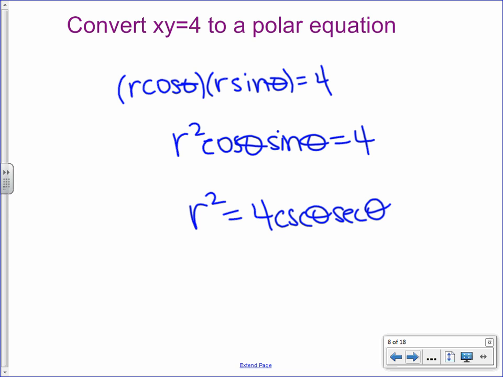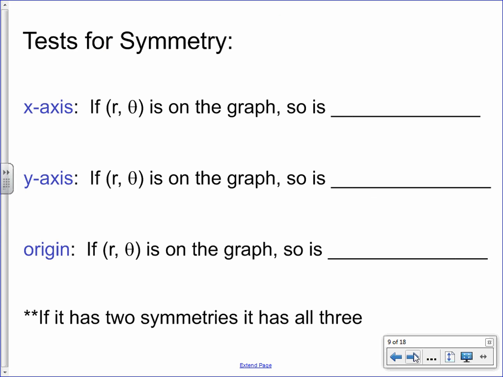Okay, some symmetry. If we have x-axis symmetry, what is going to be true about our coordinates? We have r, theta and we have r, negative theta.